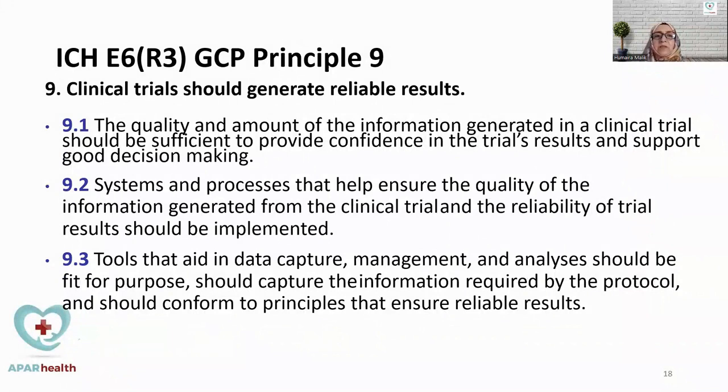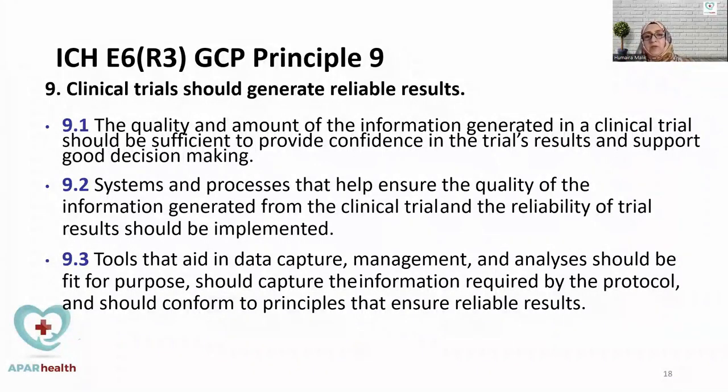Now, the ninth principle is about the reliable results. So clinical trials should generate reliable results. So whatever information we get from the trial or is generated out of the clinical trial, that should be sufficient, and we should have the confidence in that information to support good decision making.